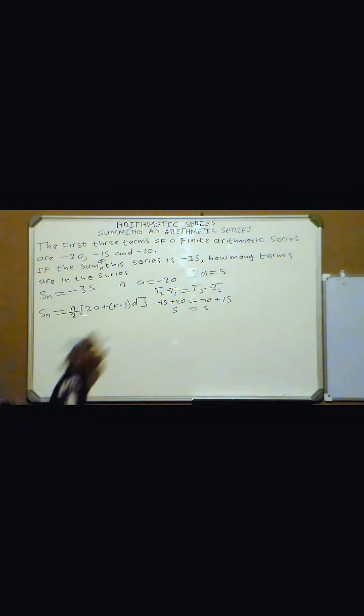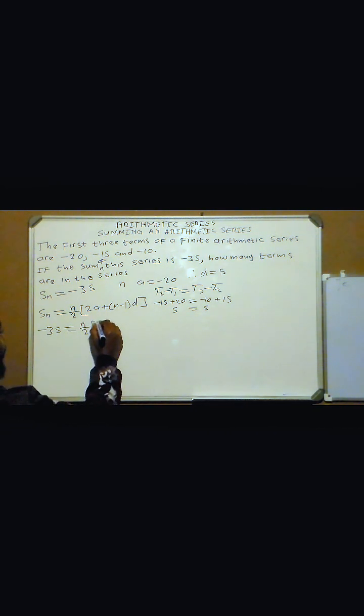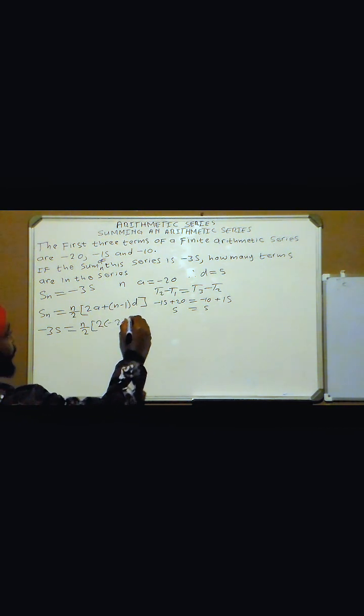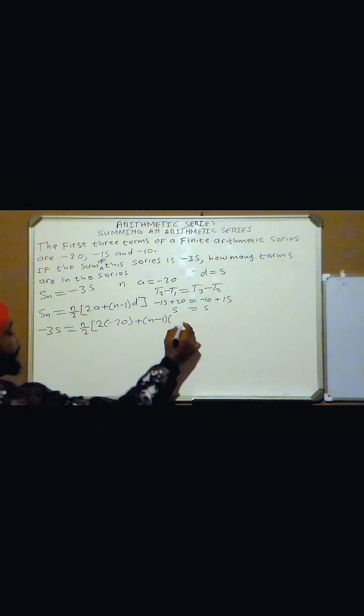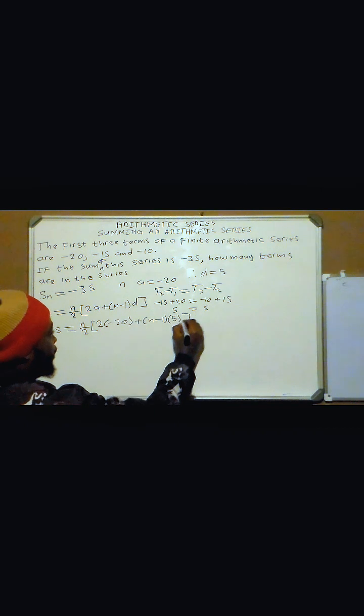So we can substitute and solve for n. So this is negative 35 equal to n over 2 multiplied by 2 multiplied by the a value, which is negative 20, plus n minus 1 multiplied by the common difference, which is 5.